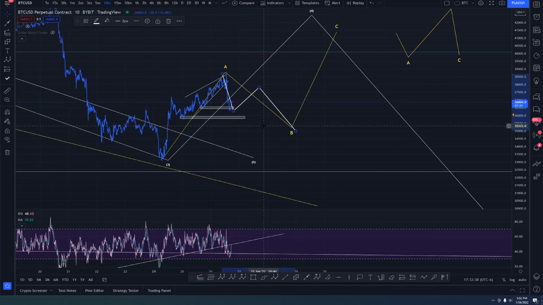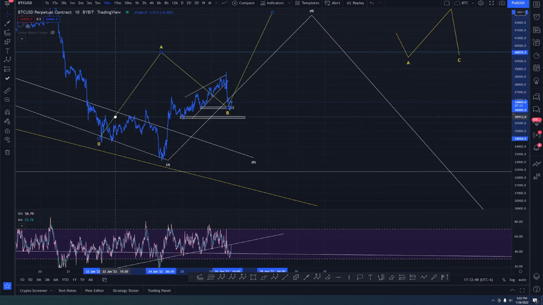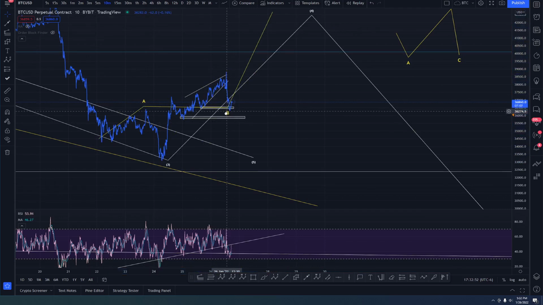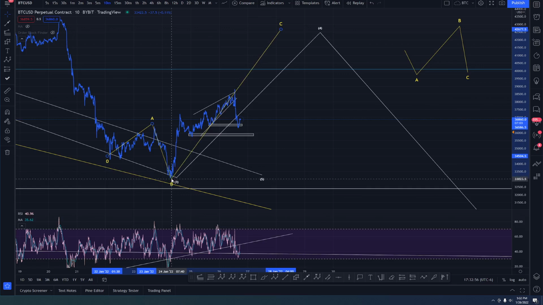Now, one wild card count that I have here that we can discuss, and just another idea, is that we actually had a 3-wave move right here. Now, I'm not inclined to this count. There's a lot of reasons for it. I don't want to belabor it, but the other charts, some of them look like a flat and some of them don't.